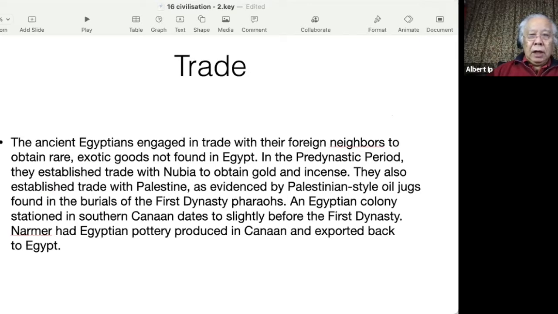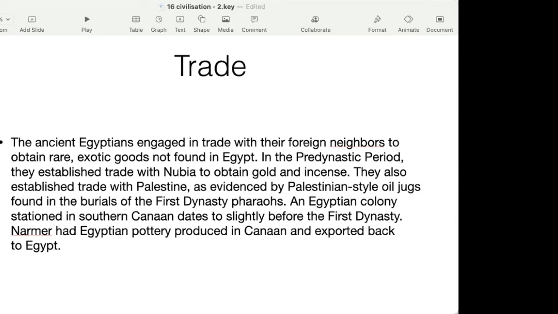For example, they established trade with Palestine, and an Egyptian colony station in southern Canaan dates to slightly before the first dynasty, and so on. I think again, humans have been trading or cooperating through trade for as long as we know.